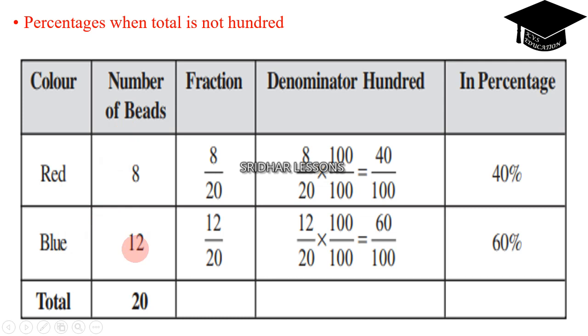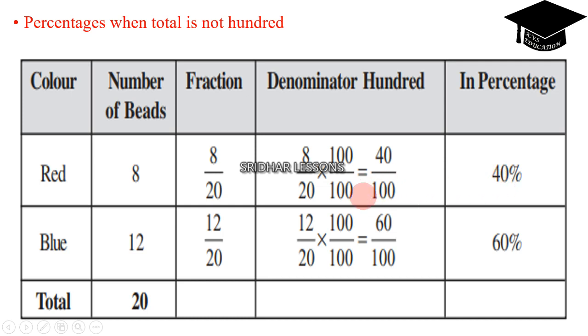So the total is 20, and the red ones are 8. So 8 by 20, and we have to make the denominator 100. So 8 by 20 into 100 by 100, which can be simplified as 40 by 100, which is equal to 40%.